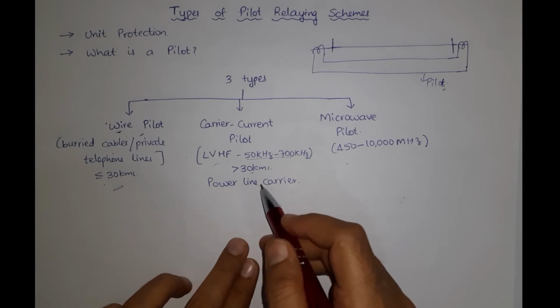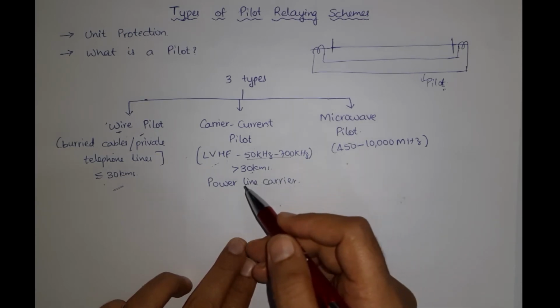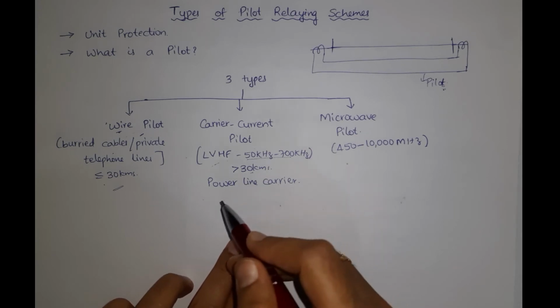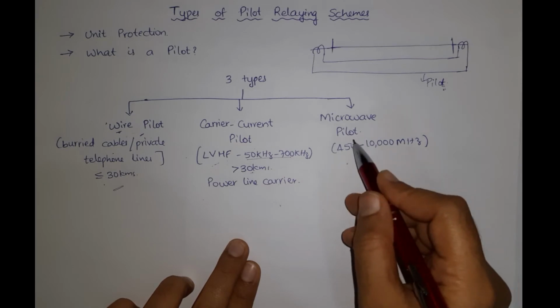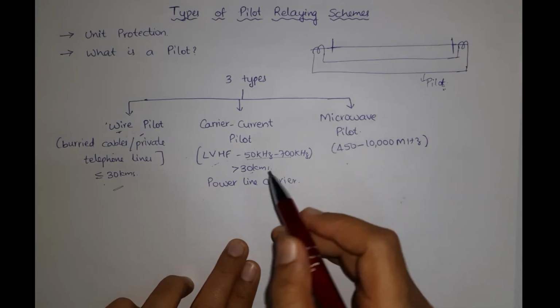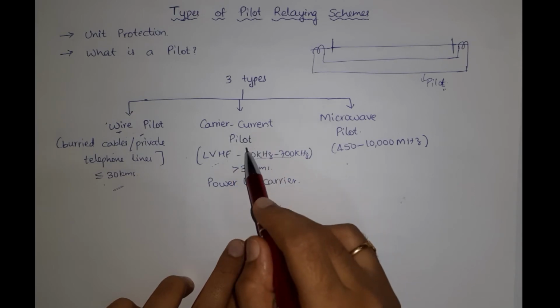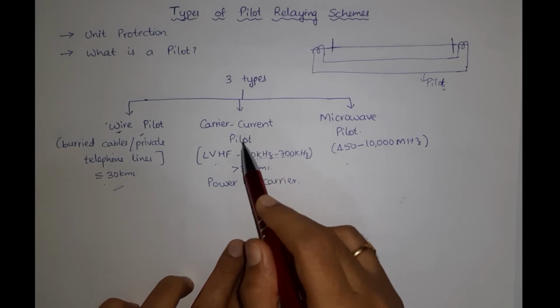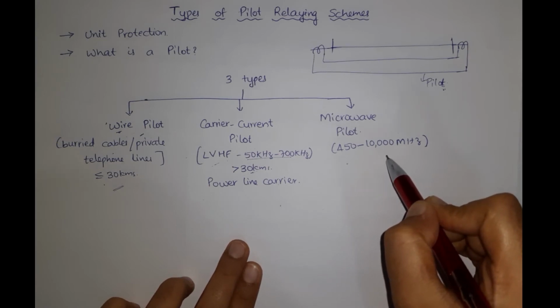When the number of services which require pilot channels is greater than the technical or economical capabilities, then we go for the microwave pilot protection scheme. That means even for lengths greater than 30 kilometers, if carrier current protection is not economical, then we go for the microwave pilot protection scheme.